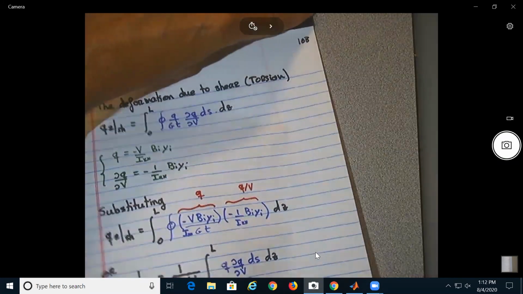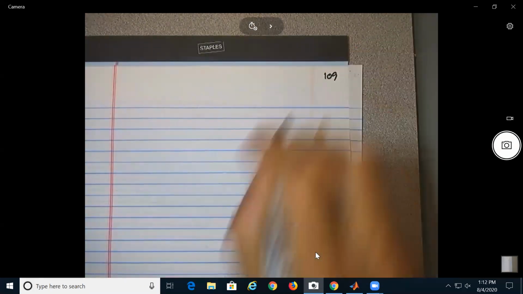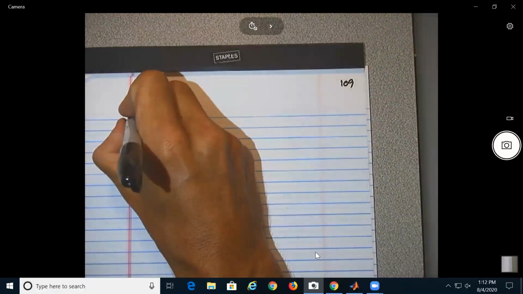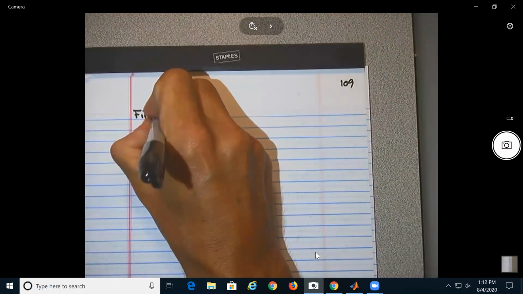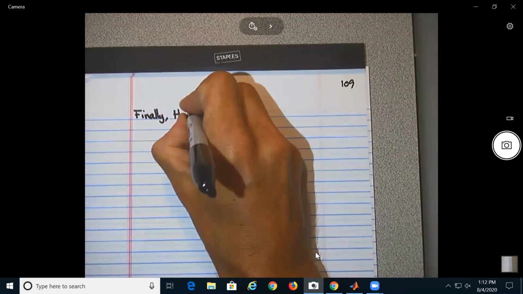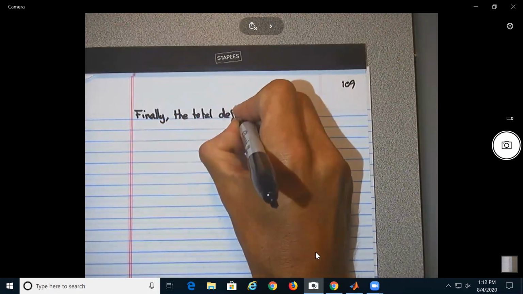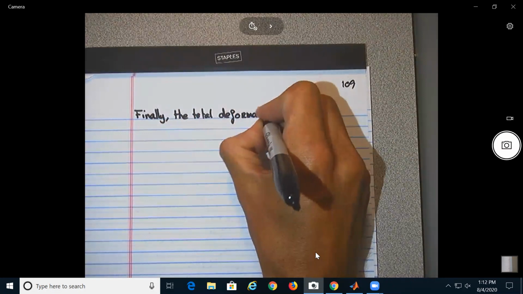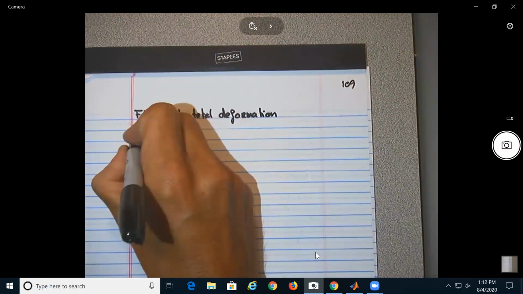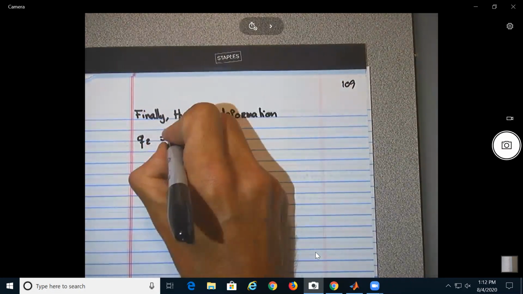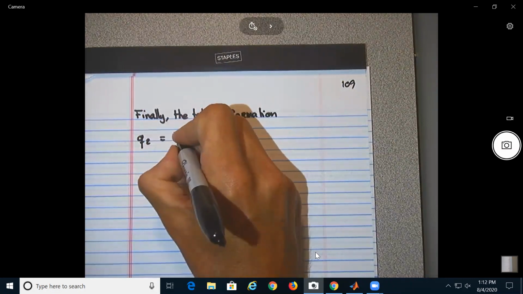So that finally we can say that finally the total deformation, so Q2 is equal to Q, what did I call it?